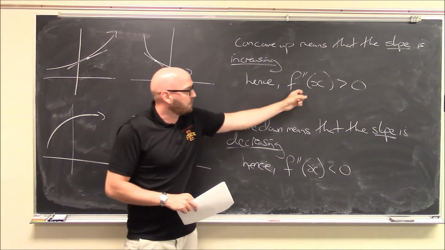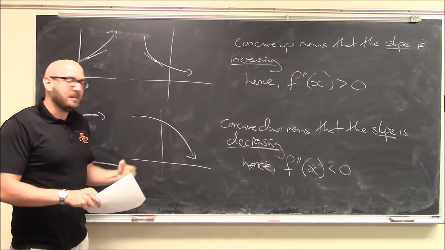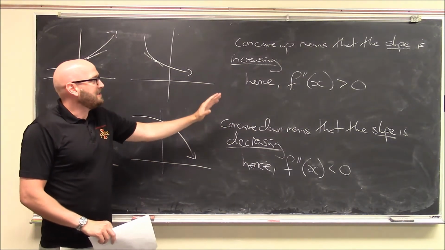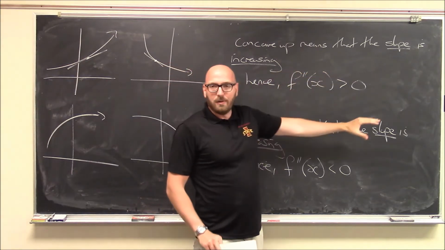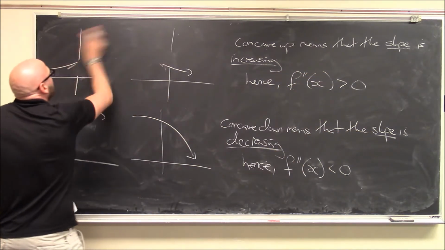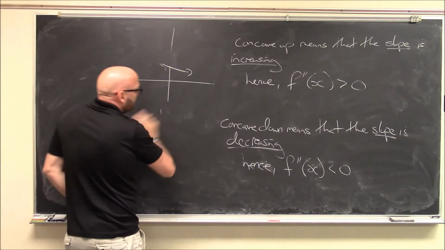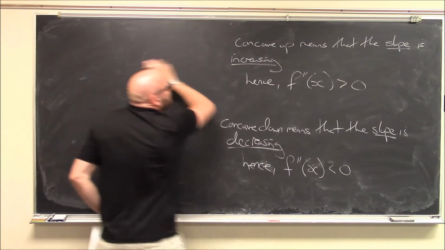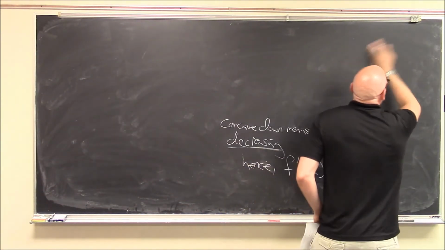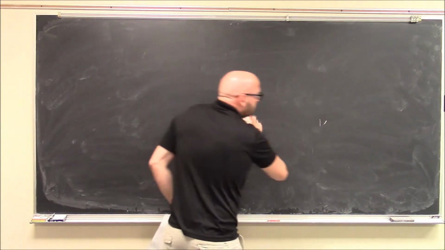Well, because this is the derivative of the derivative. And the derivative tells us whether something is increasing or not. So spend a little time thinking about this, making sure you understand why this follows. But even so, we're going to turn this into a simple test for concavity. We can use these two facts to figure out when a function is concave up or concave down. And then I'll be able to tell you why it's actually useful to know these things.